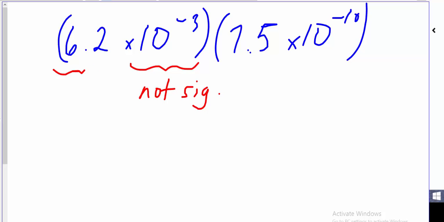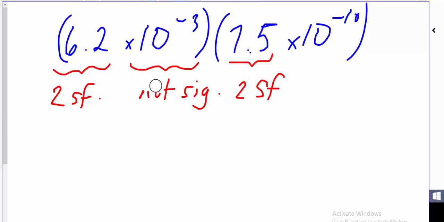So here I'm only looking at the 6 and the 2. I have two sig figs. And the same is true in the second number. I have two sig figs as well, the 7 and the 5. We do not take into account the power of 10. And the good news, unlike addition and subtraction, I'm not thinking at all about decimal places. It's just super easy. I've got two sig figs. I need to have two sig figs in my answer.